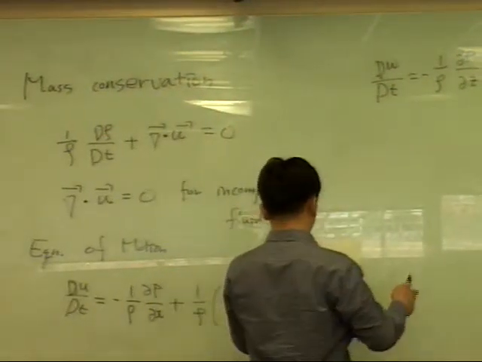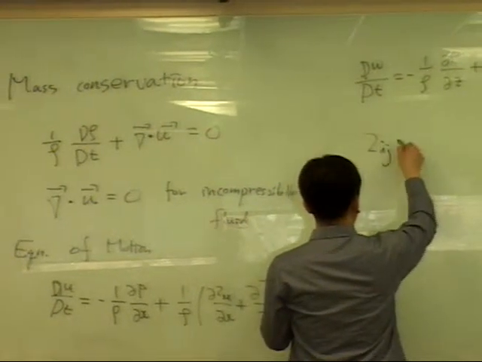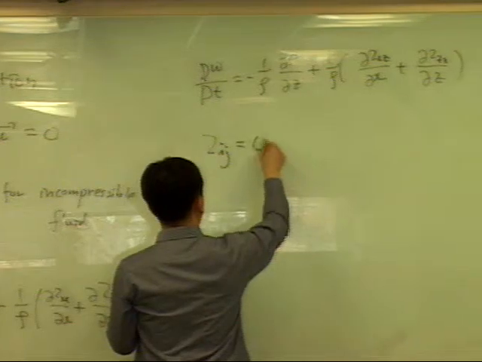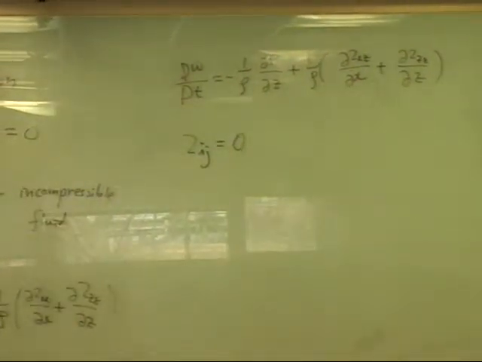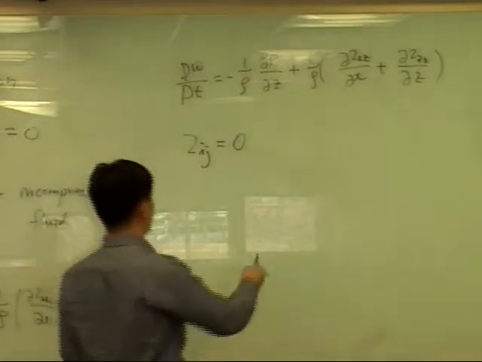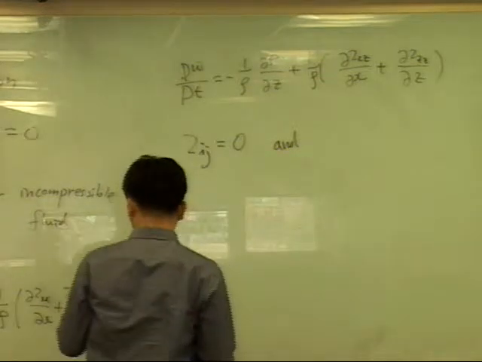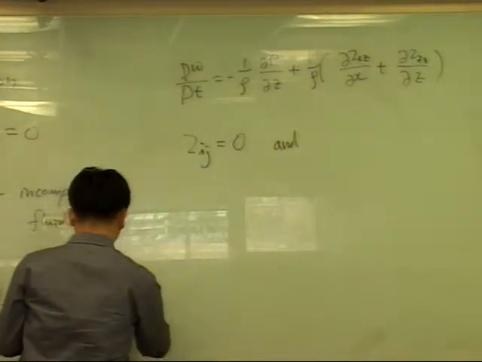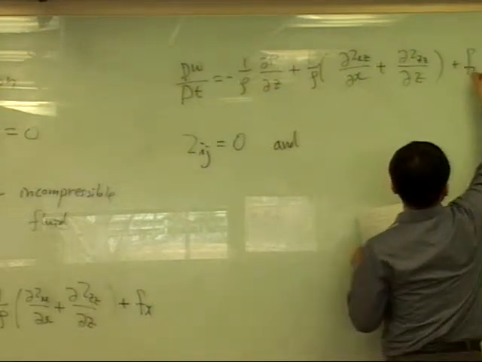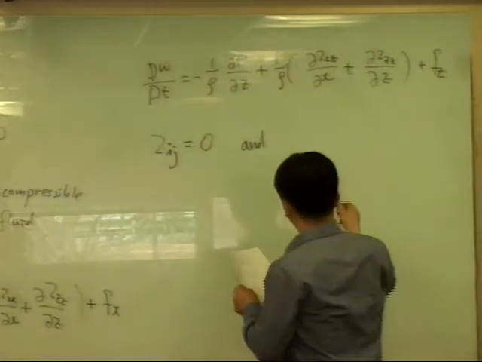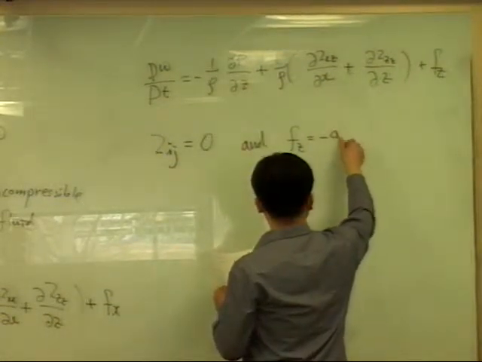Then, if we assume the deviatoric shear stress tau ij equals 0, here we have Fx and Fy, and Fy equals minus g.